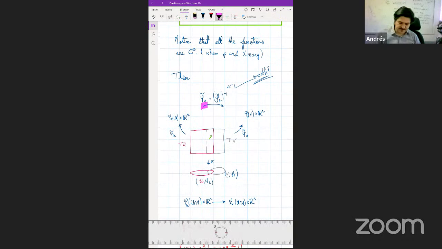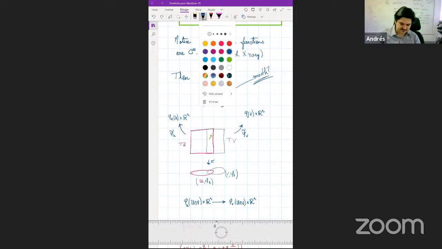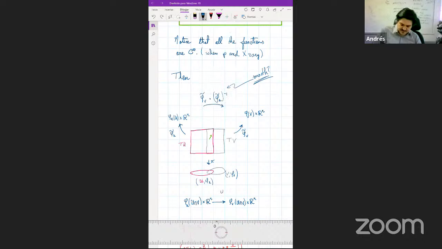So this here is this, right? An open set in Euclidean space, an open set in Euclidean space. So this is this map. So let's show that that map is smooth.